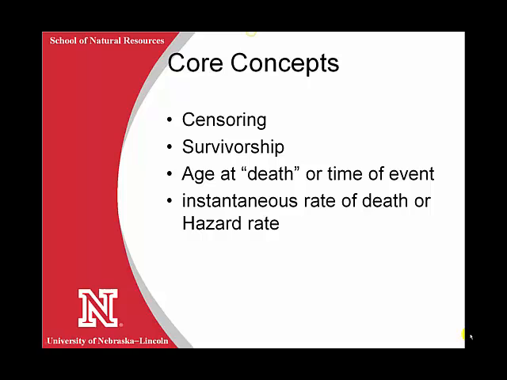Survivorship is the proportion of individuals that are still at risk of an event at any particular point in time. The age at death, or the time of the event, is the actual response that we're looking at. And then what we're going to try and model is the instantaneous rate of death, or what's called the hazard rate, as our predicted outcome.